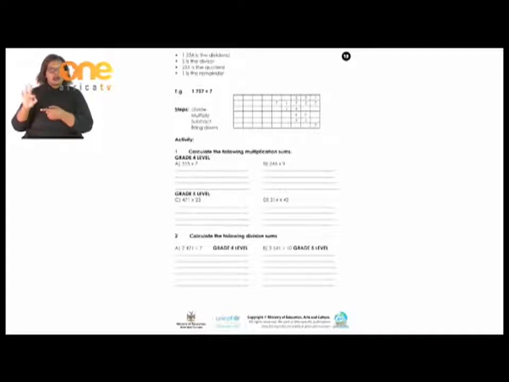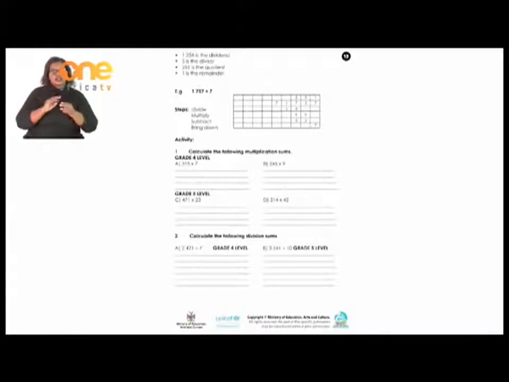Please, boys and girls, work it out step by step. The grade 5 learners, please work out the following. C, 471 times 23. D, 314 times 42. Those are 2 digits.